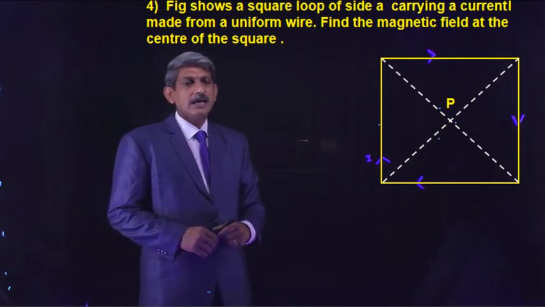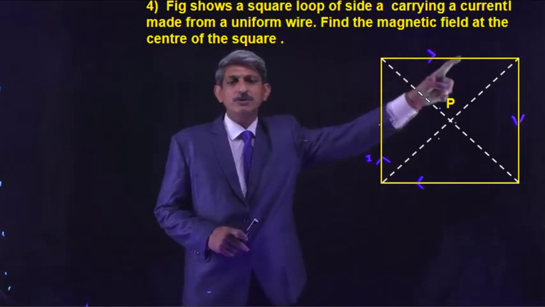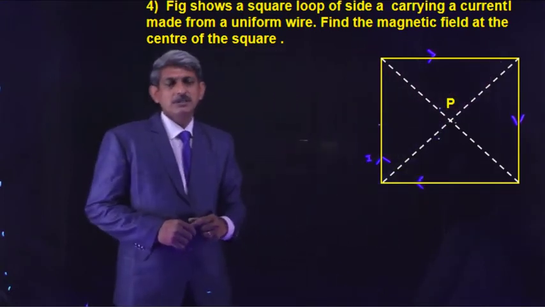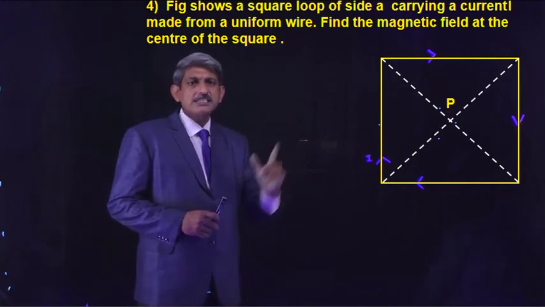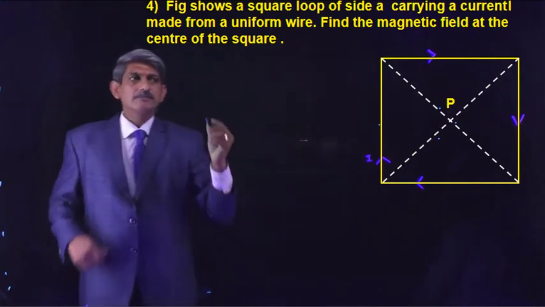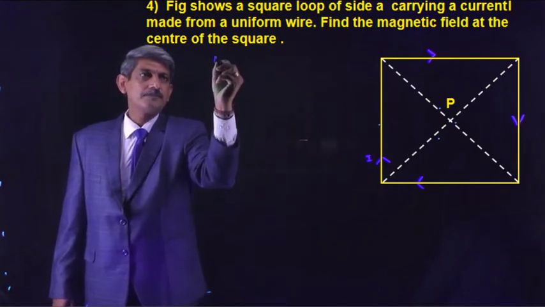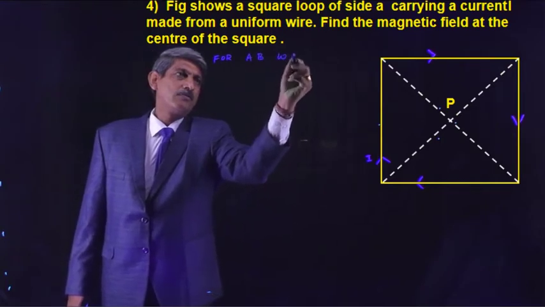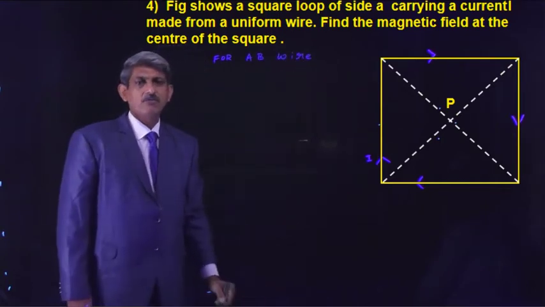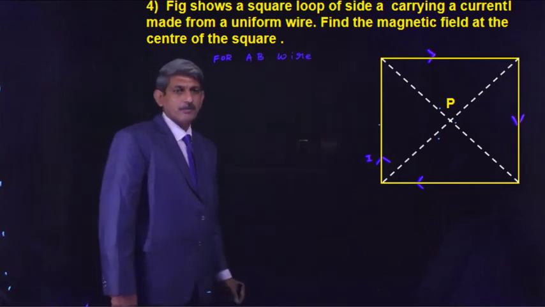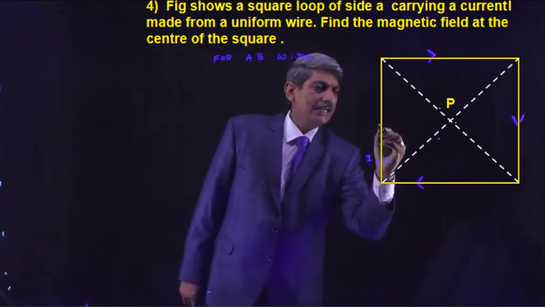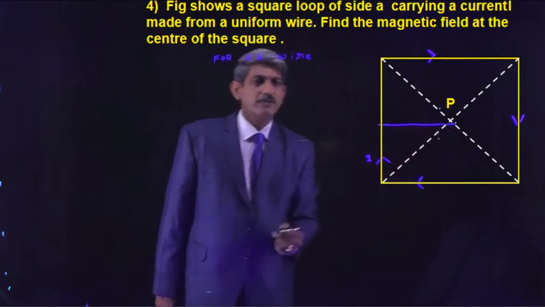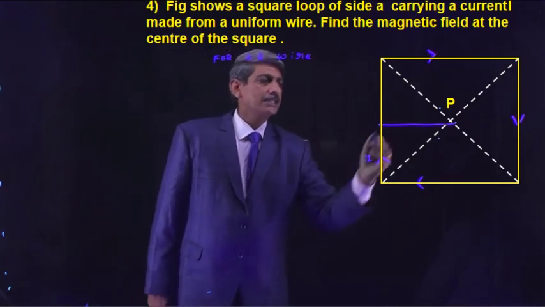For that, I am going to divide this square into the 4 portions, A, B, C, D. Now, first let us consider the AB portion of the wire. For the AB portion, what is the magnetic induction produced? For that, let us join the point P to the wire, so we get the perpendicular distance d.